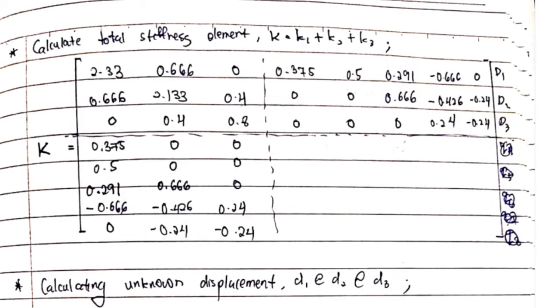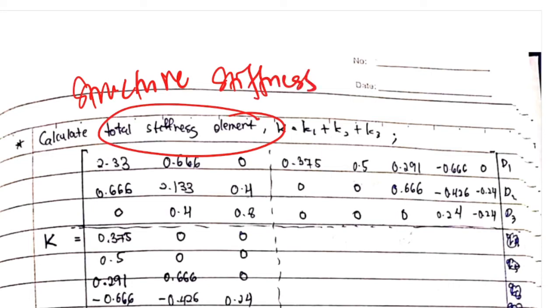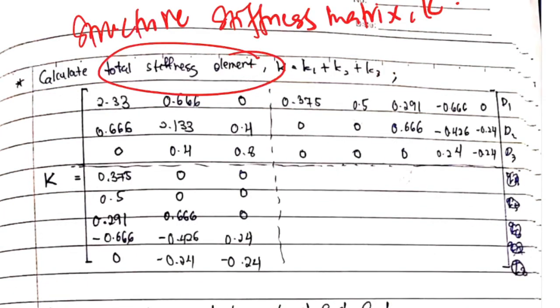Okay, so this is called the total stiffness element. The name of this is actually the structure stiffness matrix K. This is the right name. But as I mentioned previously, if the question doesn't ask you to give the structure stiffness matrix or stiffness matrix for the beam, this step is unnecessary.